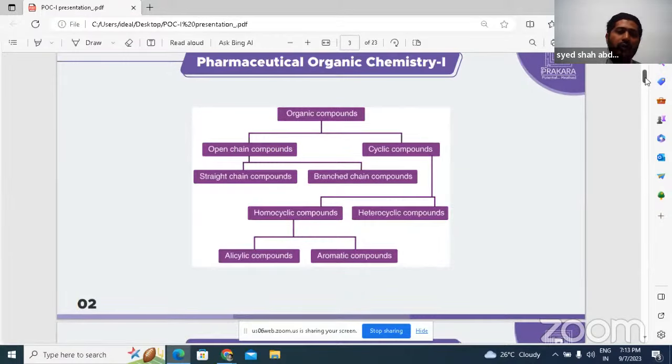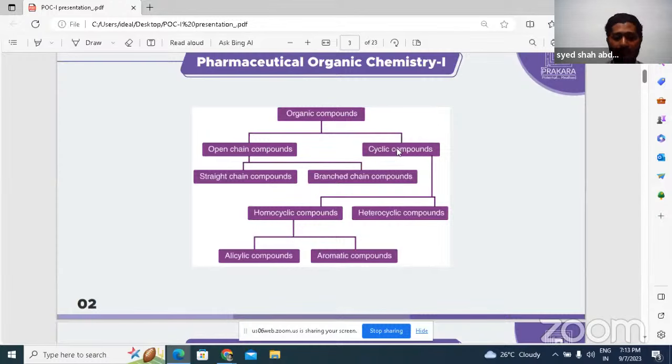If you go towards organic compounds and classify them, basically these organic compounds can be classified into 2 categories: open chain compounds and cyclic compounds. The compounds which are having a straight chain without any branch are open chain compounds. Cyclic compounds are those with a closed structure.